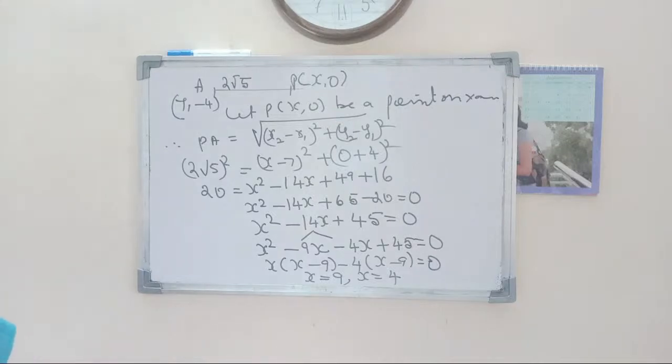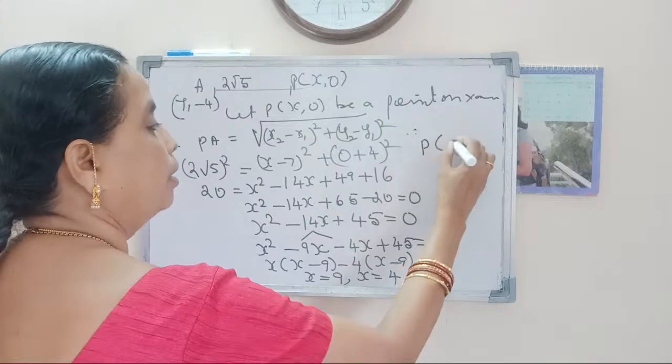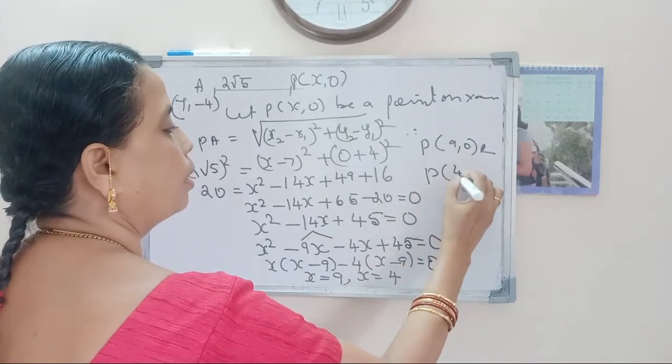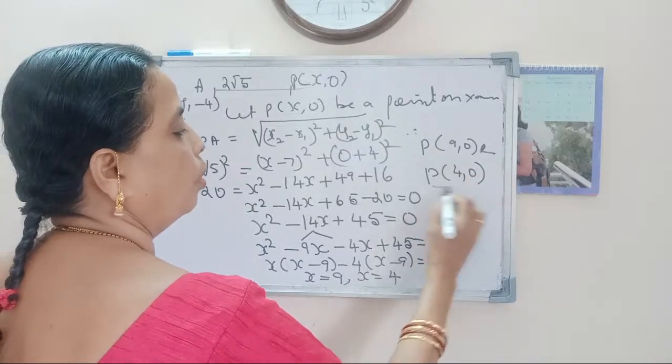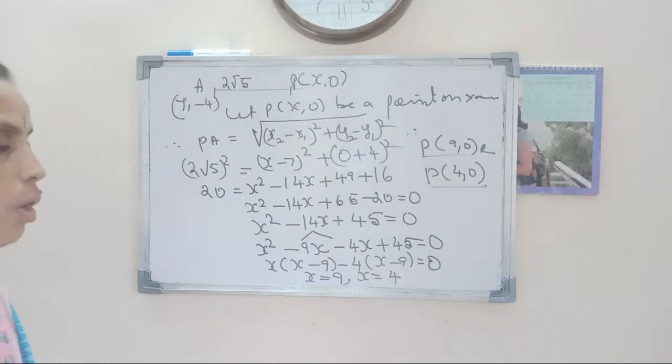These are the points. So they are asking what are the points? P 9 comma 0, P 4 comma 0 are points on the x-axis which are at a distance of 2 root 5 units from the point 7 comma minus 4.